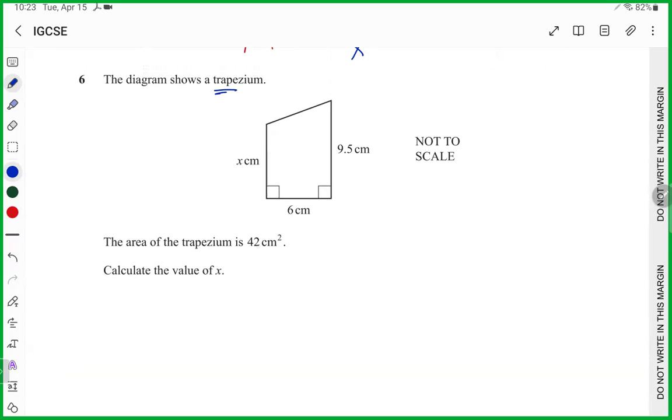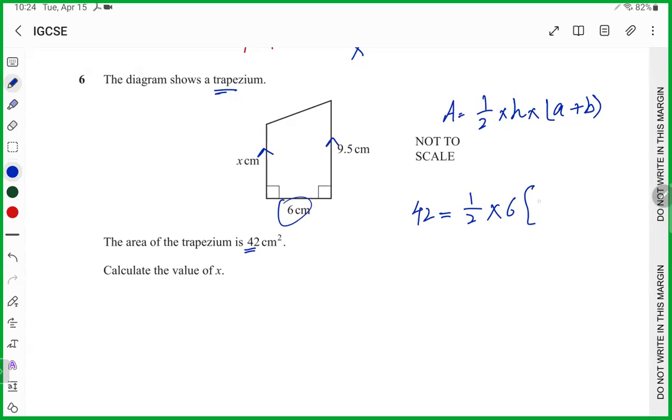Next is the diagram shows the trapezium. The area of trapezium is given as 42. Find the value of x. We know that area of trapezium is equal to 1 by 2 into height into sum of parallel sides. So area is given as 42, that is equal to 1 by 2 into height, which is fixed here, into sum of parallel sides, x plus 9.5.